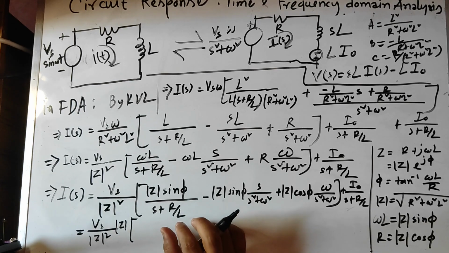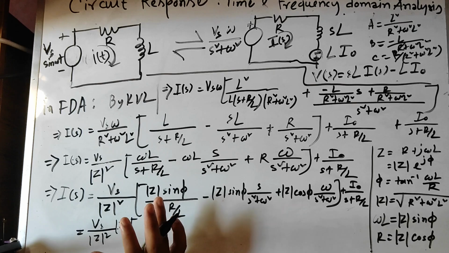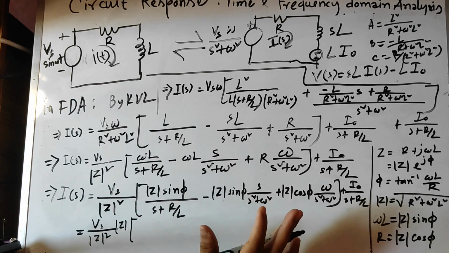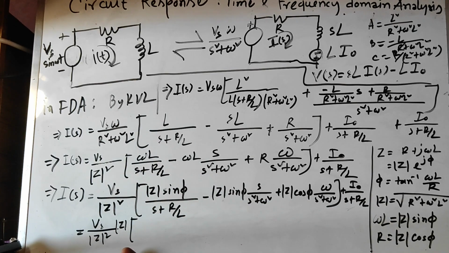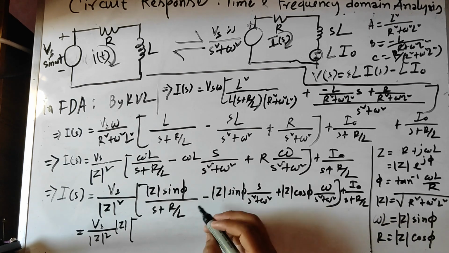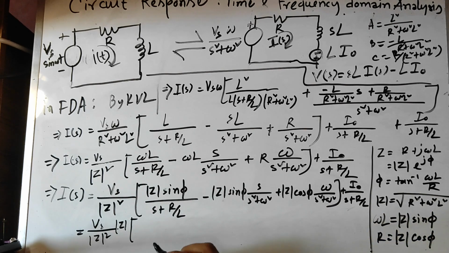Now we are going to do two things. First, we have already commoned out the Z, the magnitude part of the impedance, and now we are going to do the inverse Laplace transform.